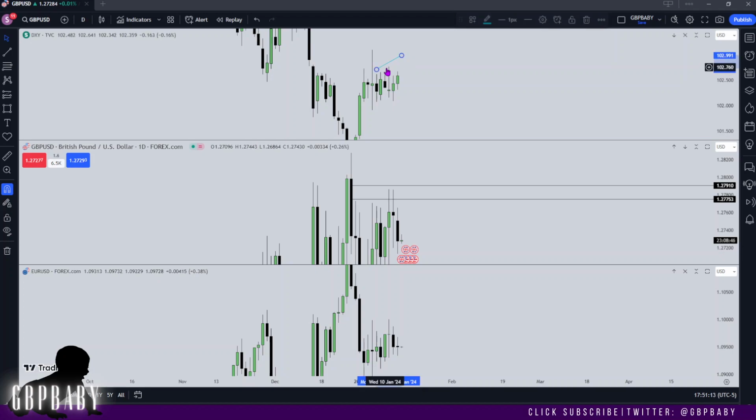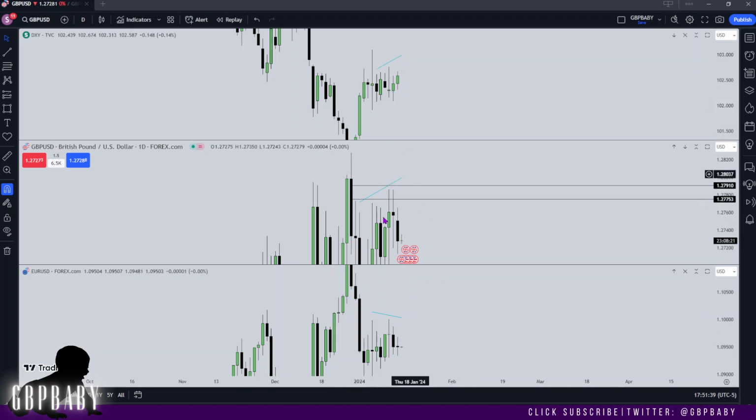But what you'll find is that also on pound, we've made higher highs. Now, pound shouldn't be making higher highs if dollar's making higher highs. Pound should be making lower highs. But you can see that pound's been pressing higher. Euro, however, has been behaving as per usual. Euro's usually the good boy. Euro isn't making as many higher highs as we're seeing pound make at the same time that dollar is.